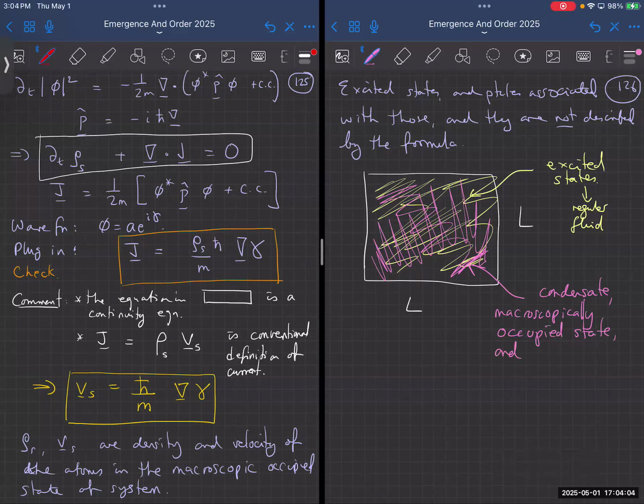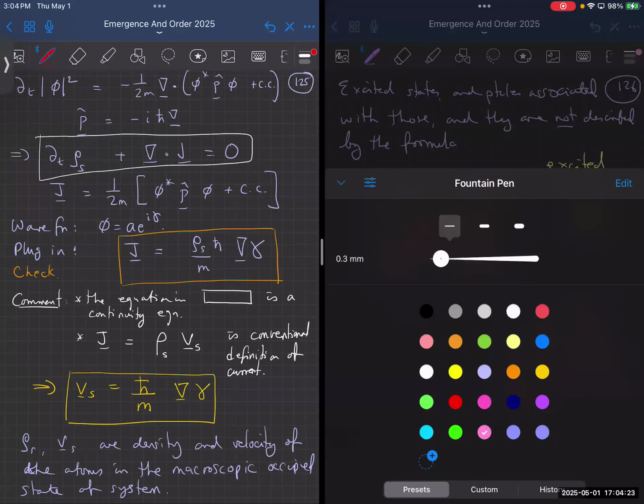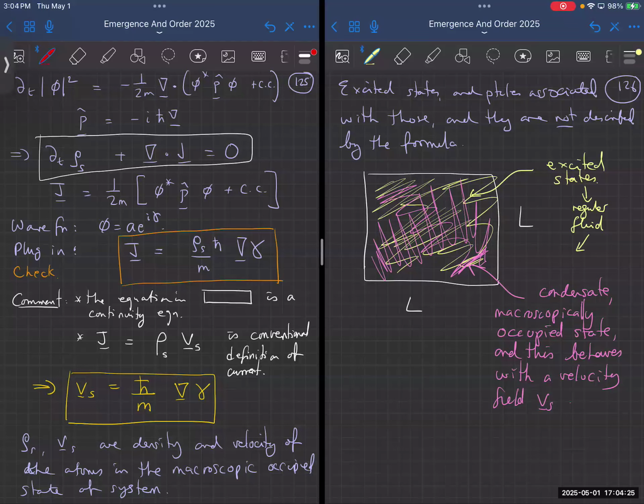And this behaves with a velocity field, Vs, which is given by the equation on the left. So if these particles here behave like a regular fluid, that means they obey the Navier-Stokes equations, and that means they have viscosity.